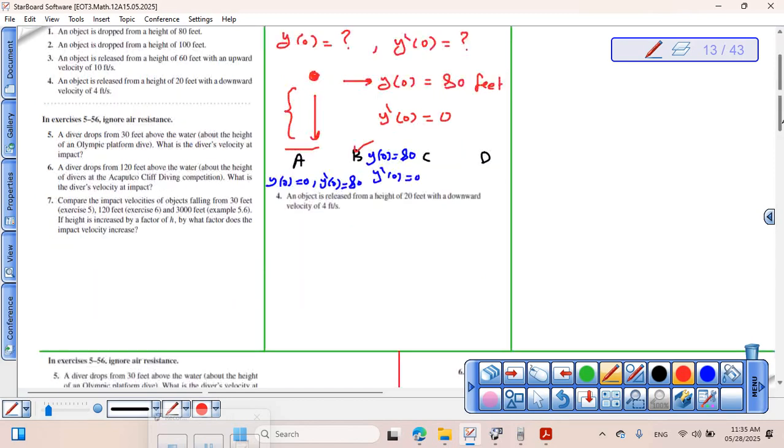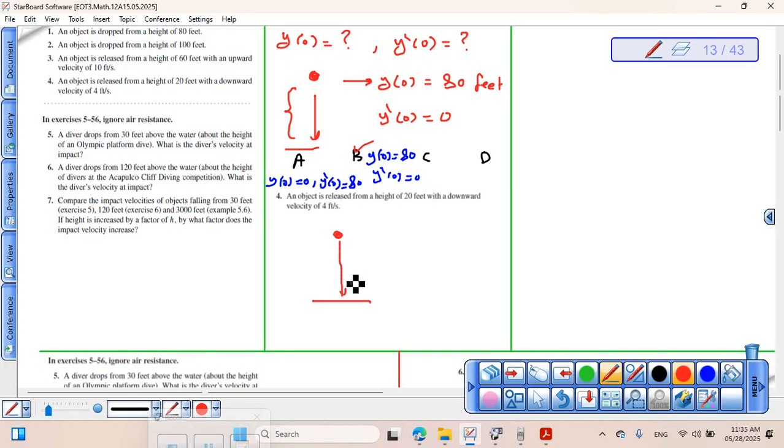Question: an object is released from a height of 20 feet with a downward velocity of 4 feet per second. Also the same, this is an object released down.